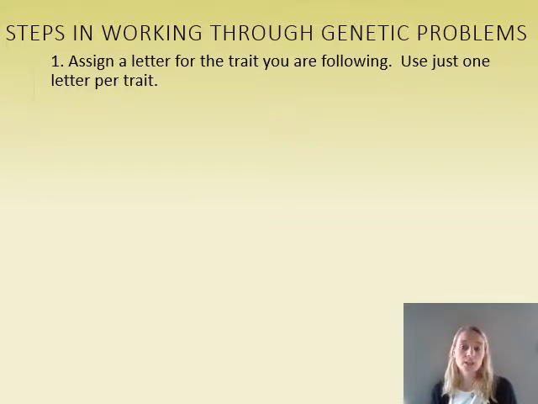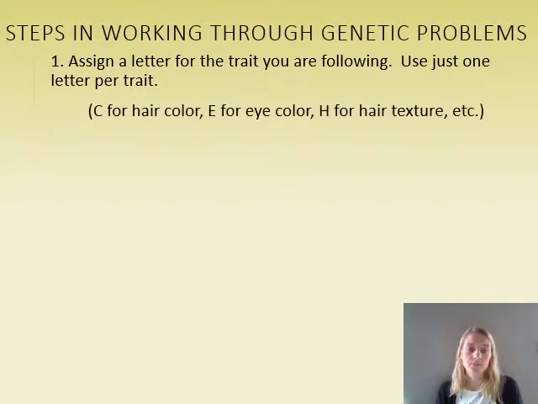Okay, so the first thing in your problem is assign a letter for the trait that you're following. One letter per trait, right? We're not doing doubles yet. So just one letter per trait, your choice. For some examples, you could do C for hair color, E for eye color, H for hair texture, whatever you want it to be.